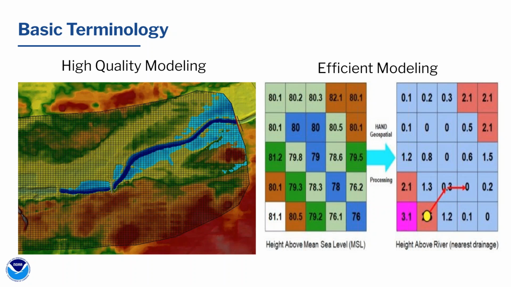Just because you only have an efficient modeling map available to you and not a high quality map doesn't mean that you don't have a good map in front of you. It just means that you might need to use a little conservative approach with pulling out flood impacts for it, or maybe you don't have as much confidence in the output. It's all in how you apply the flood inundation map in your operations.